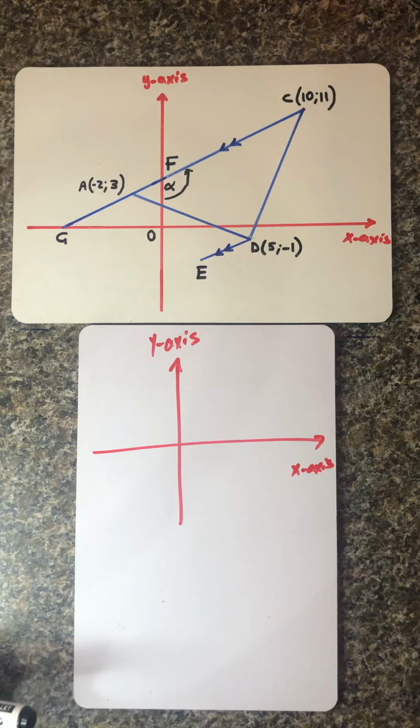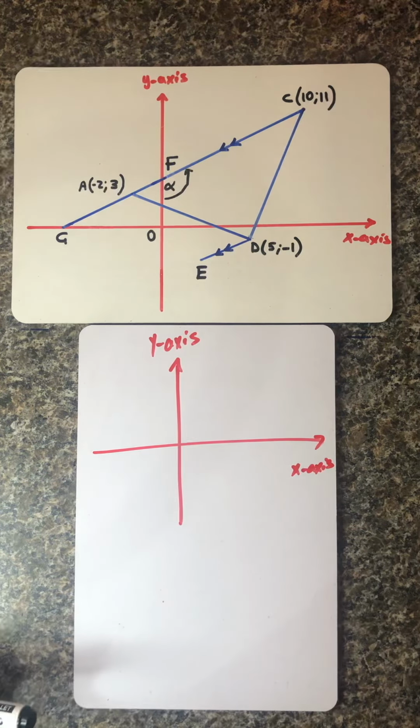So that means we've got what we call a Cartesian plane, which is what I drew there. The Cartesian plane has the y-axis, which is a vertical line, and the x-axis, which is a horizontal line.